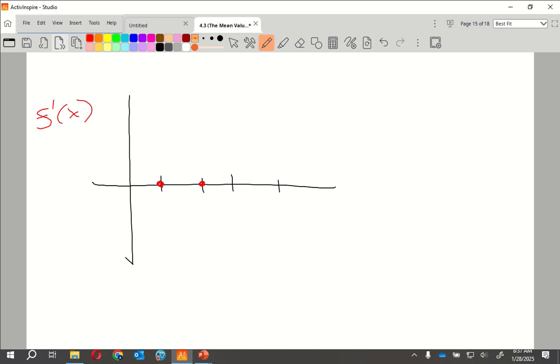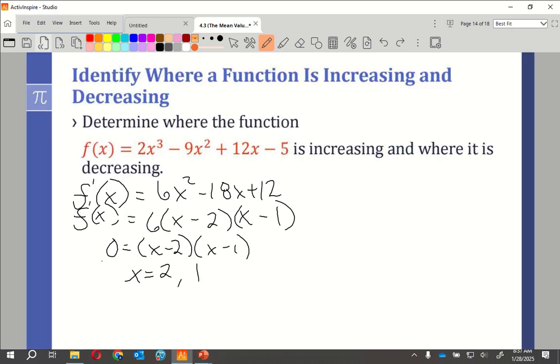Let's test numbers to see increasing or decreasing. Let's plug in 0 into f prime of x. That would give me negative 2 and negative 1.